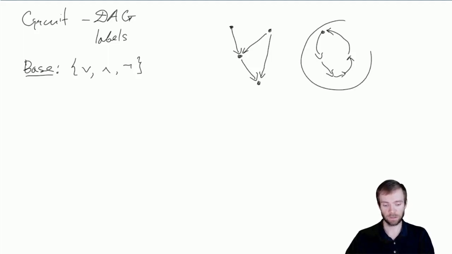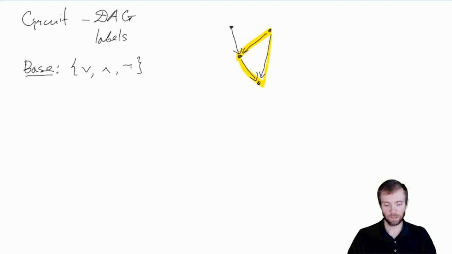So if we respect the arc directions, we cannot get back to the same vertex. So for instance, in this circuit, this is not considered to be a cycle, because if we observe the directions of the arcs, we cannot make the full loop here.